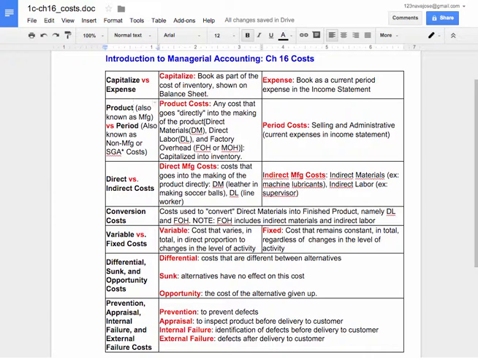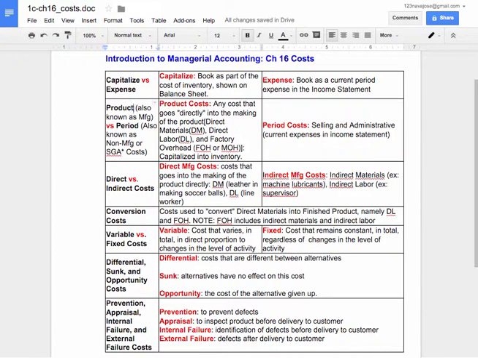Next category is direct versus indirect. So direct manufacturing costs versus indirect are obviously both product costs, but there's a difference. Direct manufacturing cost relates to any cost that you can trace into the making of each unit. And so that means direct material and direct labor normally. Anything else would be indirect.